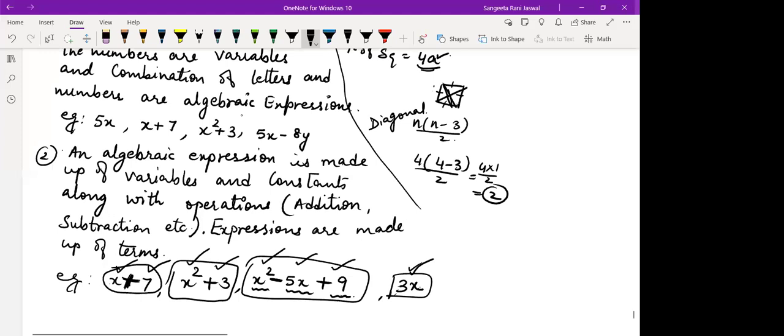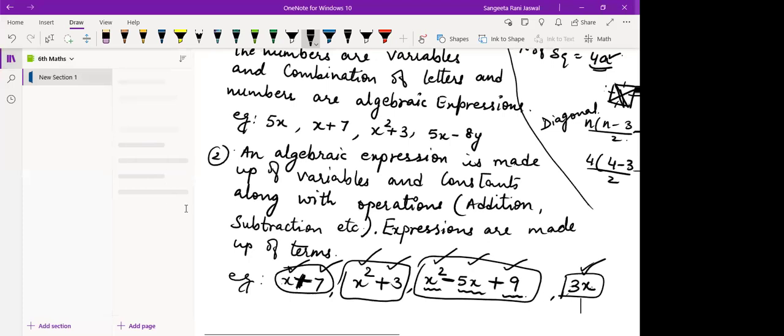Okay, let's do more questions on this so that you will understand it much better. One second, I'm coming to the chapter.